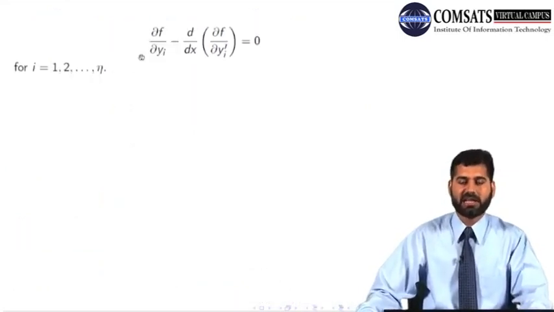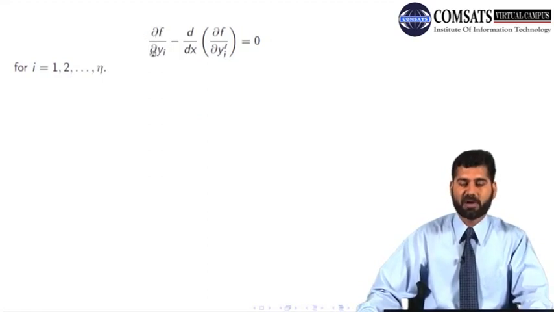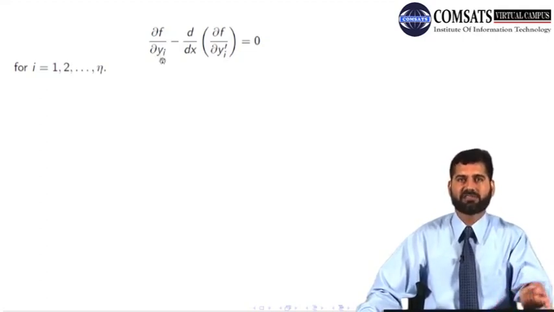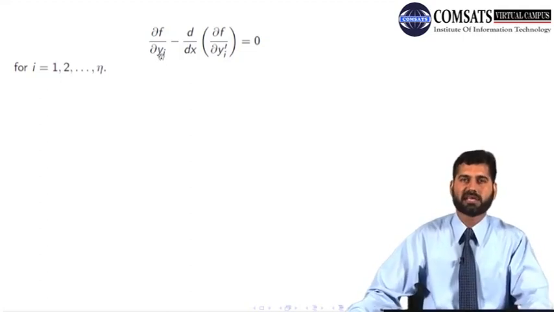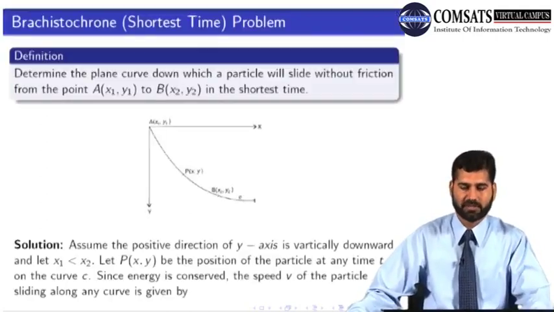Your Euler equation will have partial f by partial yi minus d by dx of partial f by partial yi prime, and i goes from 1 to eta. For y1, you have one Euler equation. For y2, you have another. For y3, you have another. So you have eta Euler equations here, not just one.